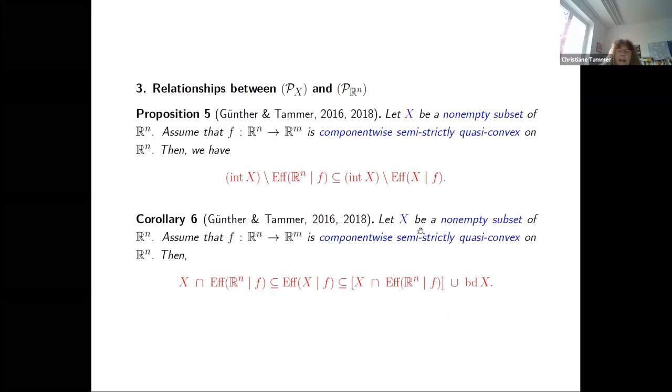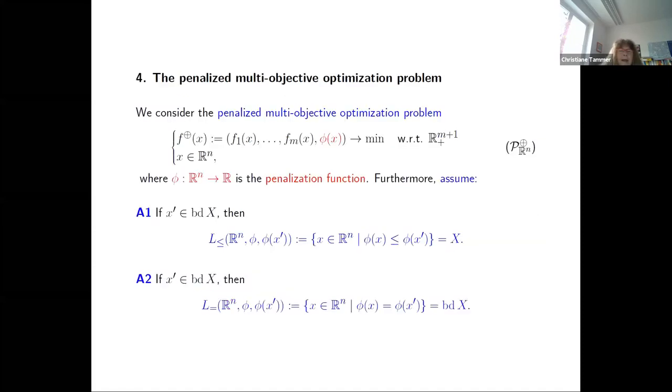And furthermore, under the same assumptions, like in proposition 5, we have this assertion concerning the solution set of Pareto efficient elements of the constrained optimization problem. Here on the left-hand side and the right-hand side, we have sets of efficient elements of the unconstrained problems.